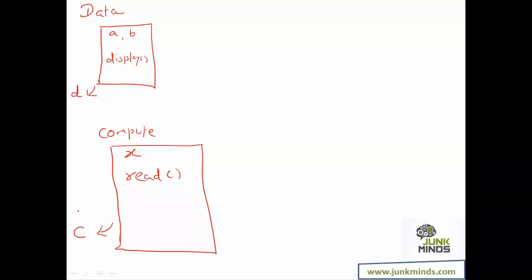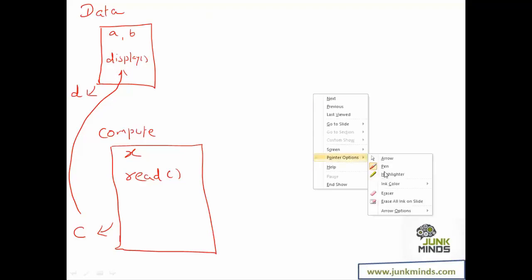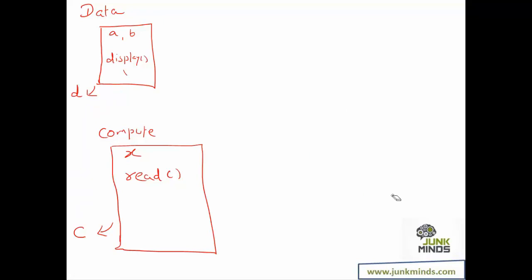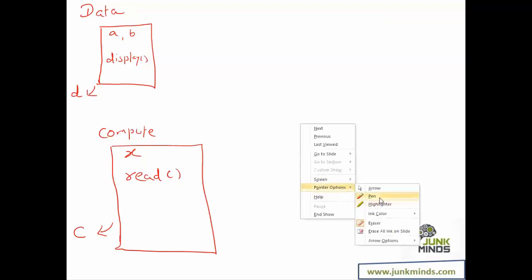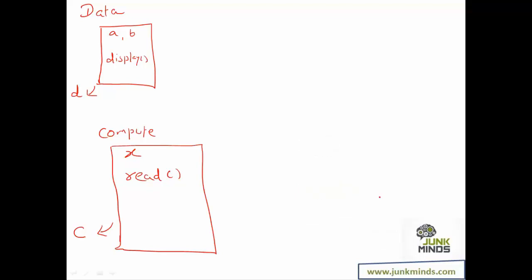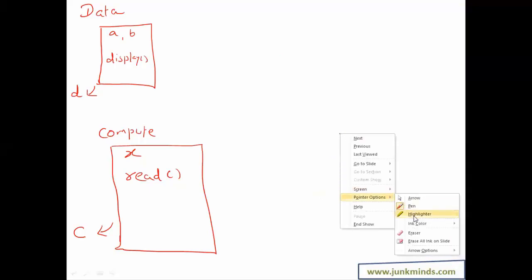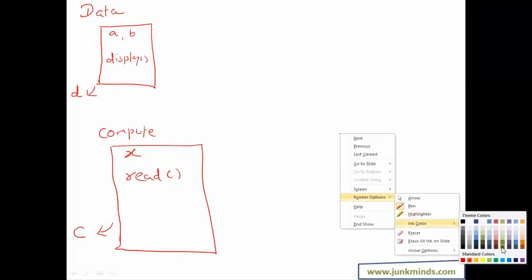But if you tell me to call display with the help of C, C.display, no, this is not happening. Always remember, an object of a class can access only the data of its own class. So C can access only the data belonging to class compute, whereas D will access only the data belonging to class data. So that is what it is.